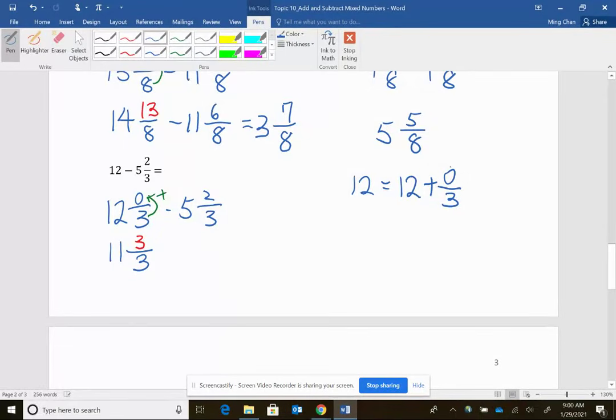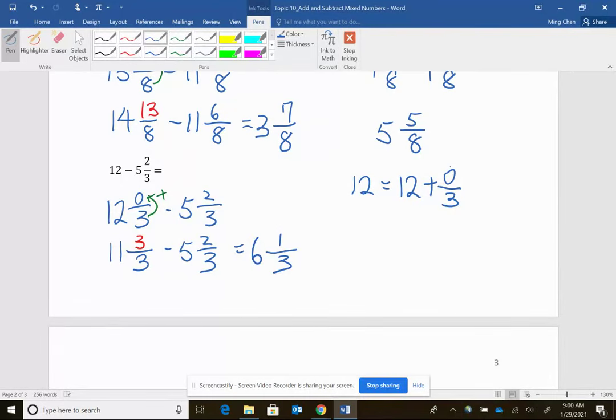Now the numerator 3 is enough to subtract the numerator 2. So my answer, 11 minus 5 is 6. 3 minus 2 is 1 over 3. Okay? So you cannot just simply say 12 minus 5, 7 and 2/3. That's super wrong.